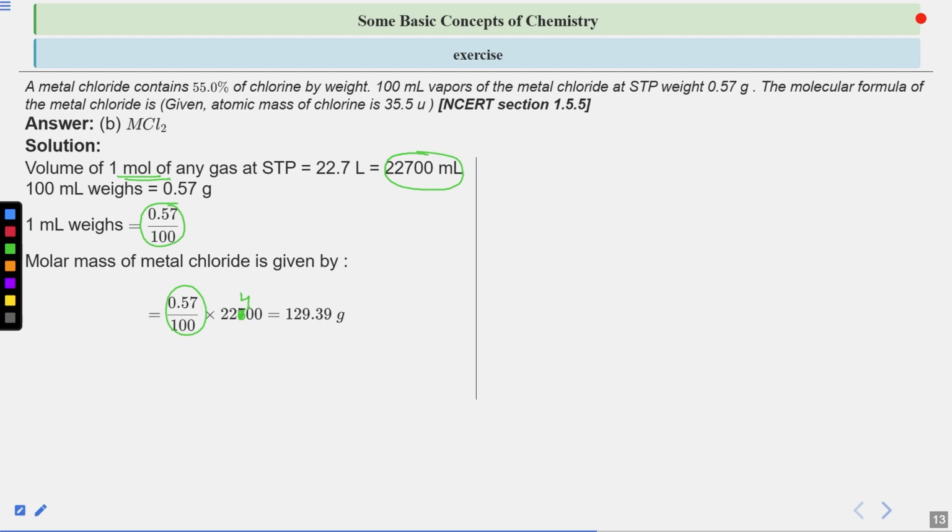So did you get it how I am saying that it will be the molar mass? It's very simple to understand. If anyone has any doubt, they can ask why I am saying it as the molar mass. Just try to analyze this calculation. It's very simple.